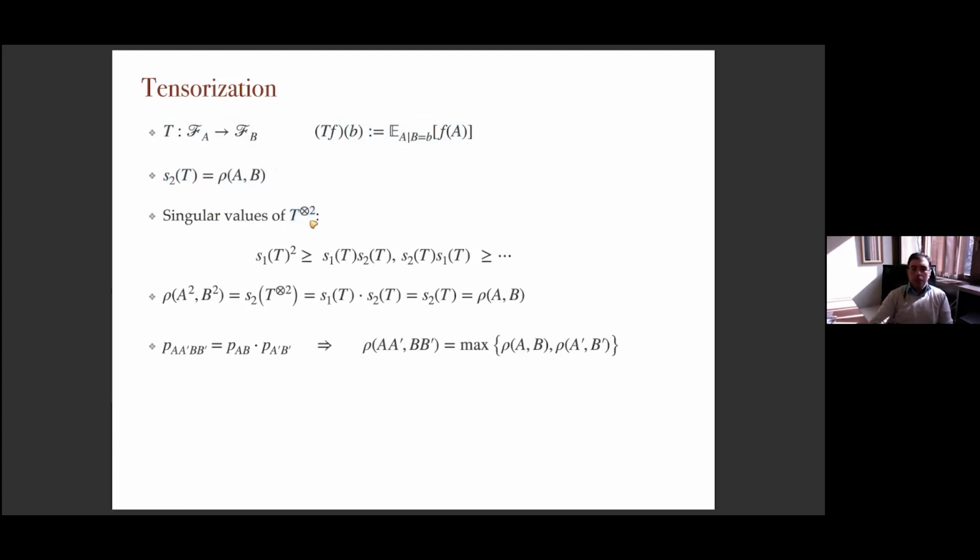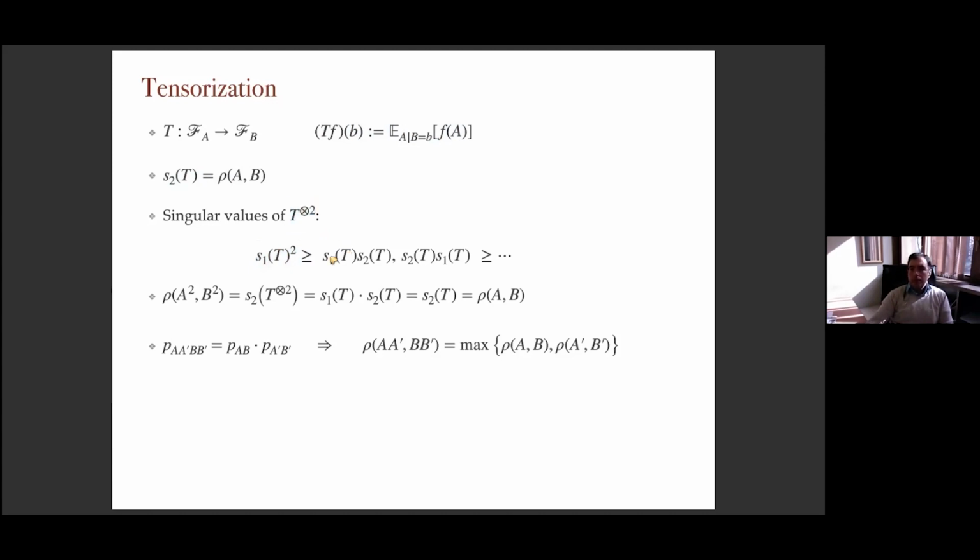So the largest singular value of T tensor T would be the multiplication of the largest singular value of T with itself. I take the maximum singular values and multiply them together, I get the maximum singular value of T tensor T. And this is 1 because S1 of T, we just saw, is equal to 1. So the maximal singular value of T tensor T is 1, not a surprise.